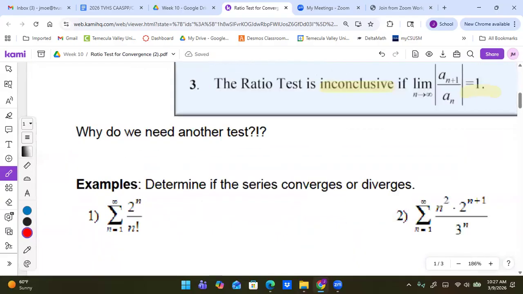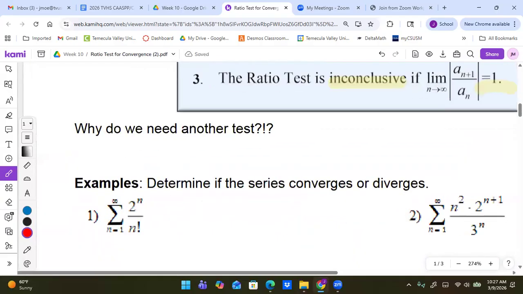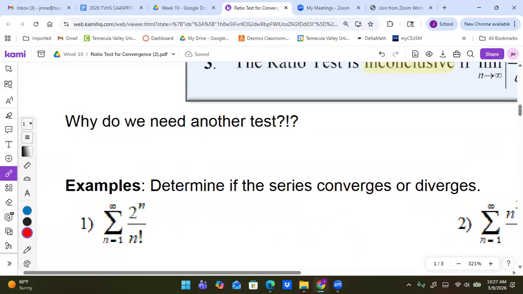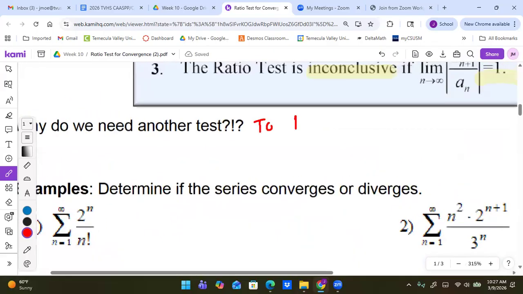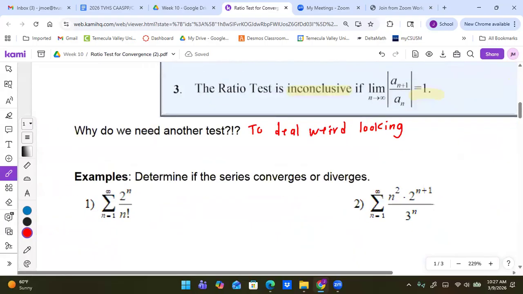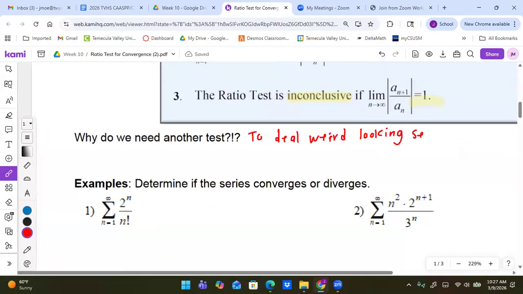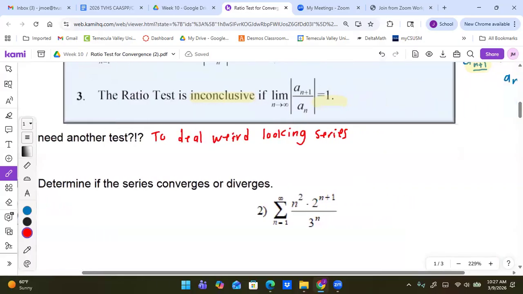Okay, ready? Oh no, wait. Before we do examples, here's the question. Why do we need another test? It's to deal with weird-looking series. Look at these examples. These are weird, not geometric, not p-series. So for ratio test, you need it to deal with weird-looking series, for example, n squared times 2 to the power of n over n plus 1 factorial.